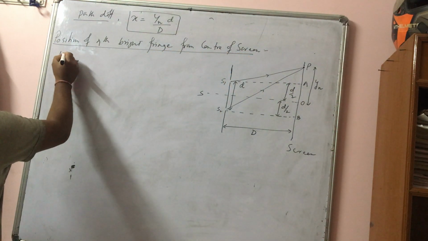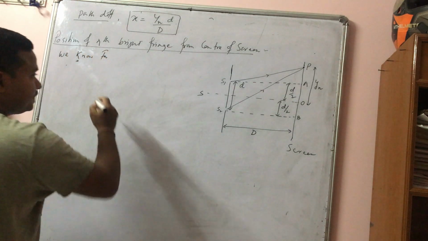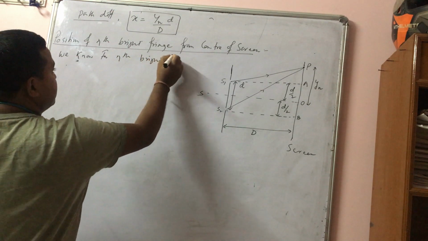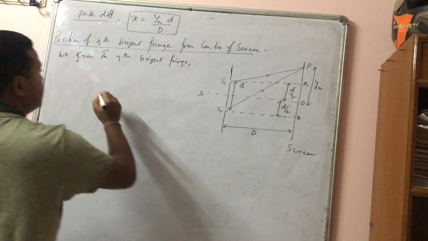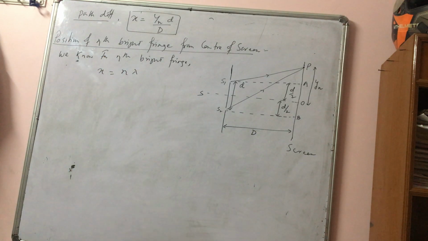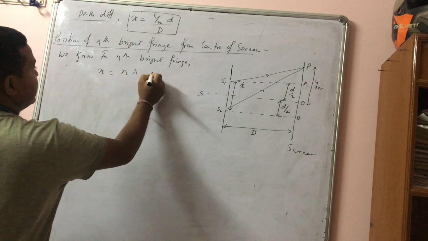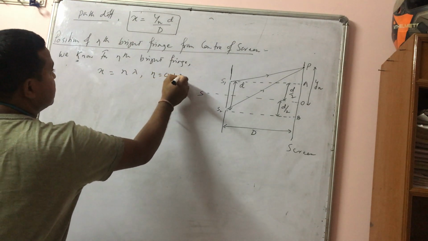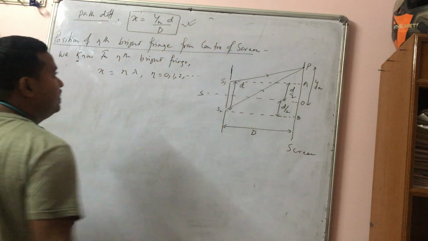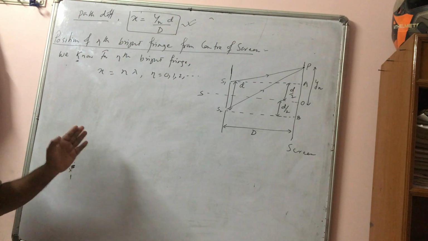We know that for the nth bright fringe the path difference is equal to n lambda, I have discussed in my last video. Here n is equal to 0, 1, 2, like that. This is the condition for constructive interference, that is, to get the bright fringes.